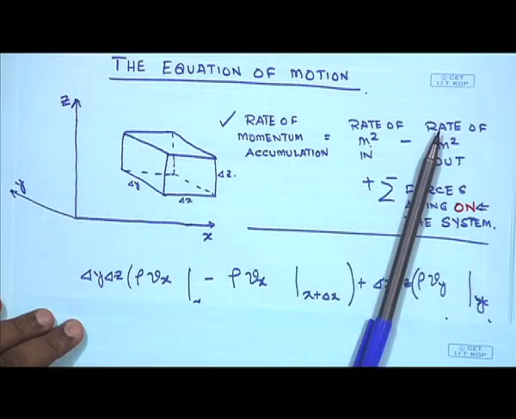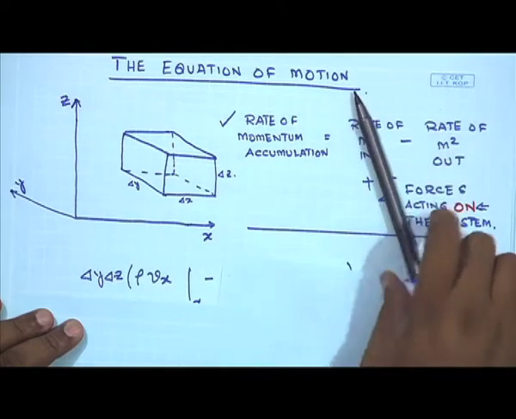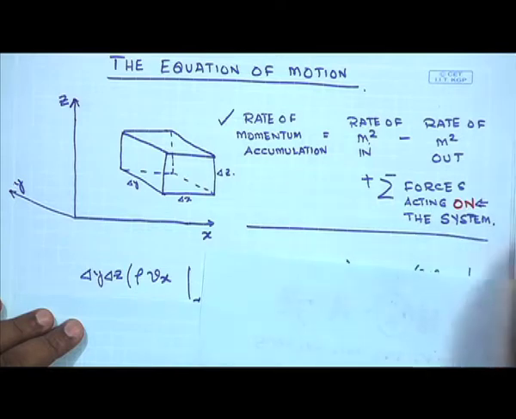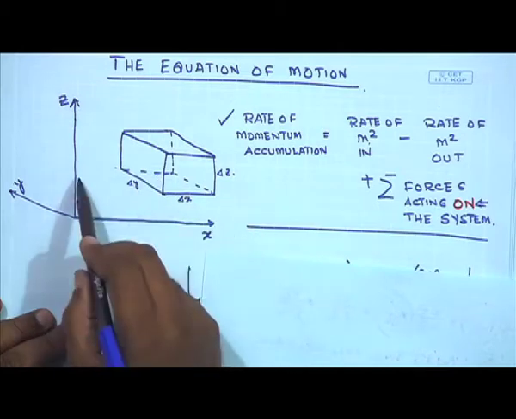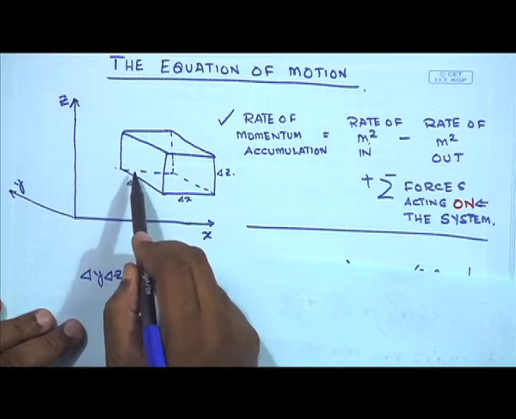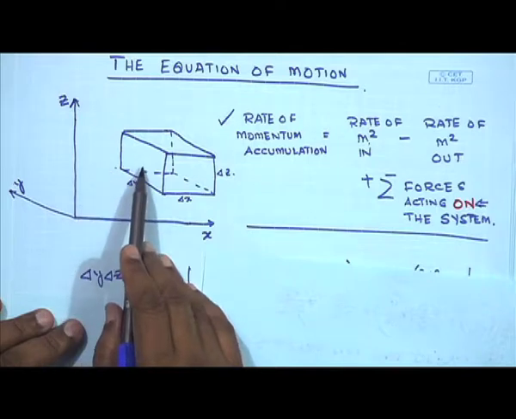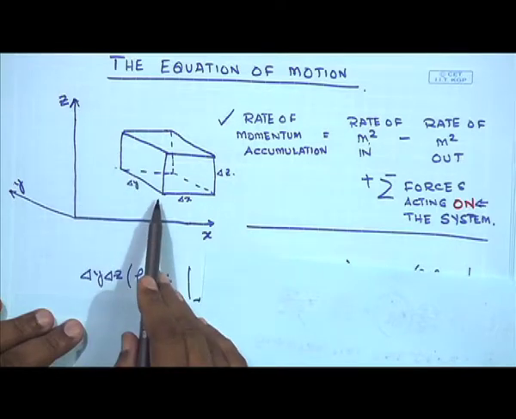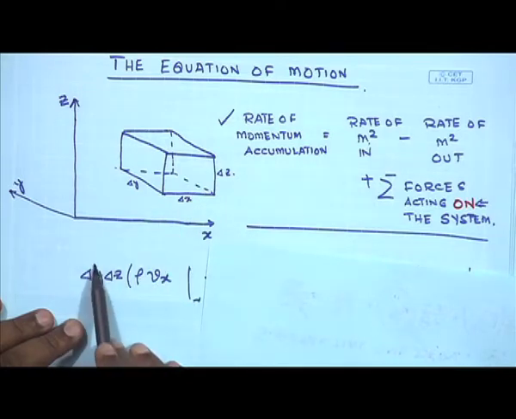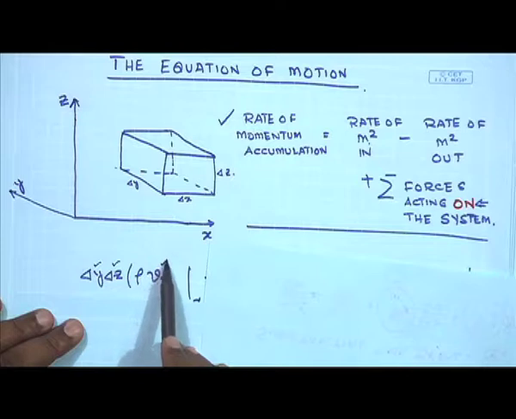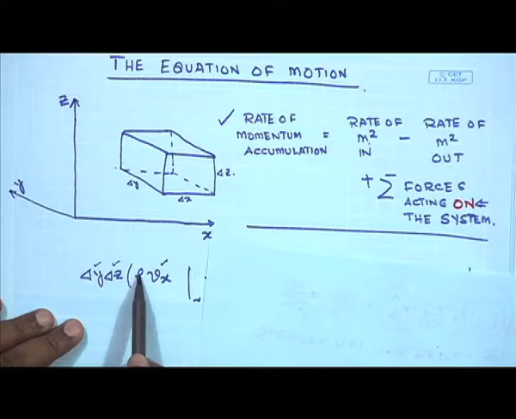If I only look at this part, the phase del y del z, and let's assume that the velocity here is Vx. So the amount of mass which comes in through this phase must be equal to del y del z Vx, meter square times meter per second, meter cube per second, multiplied with rho, and what you get is kg per second.